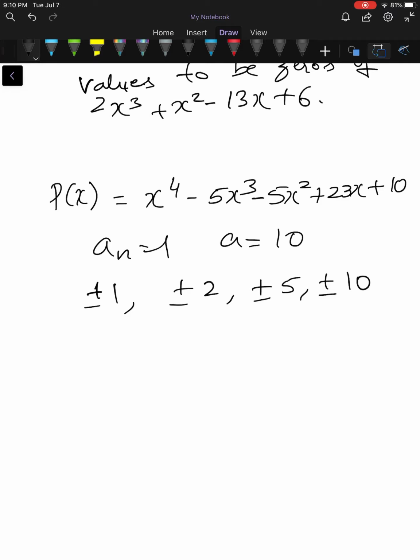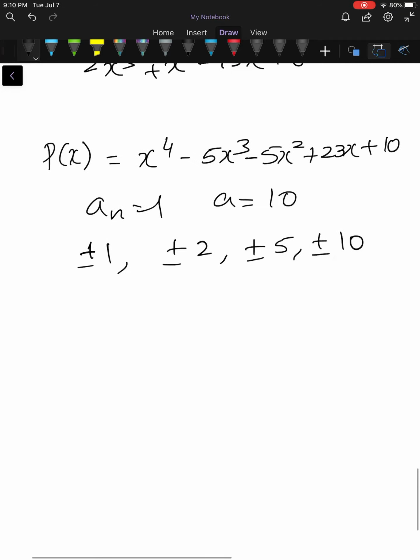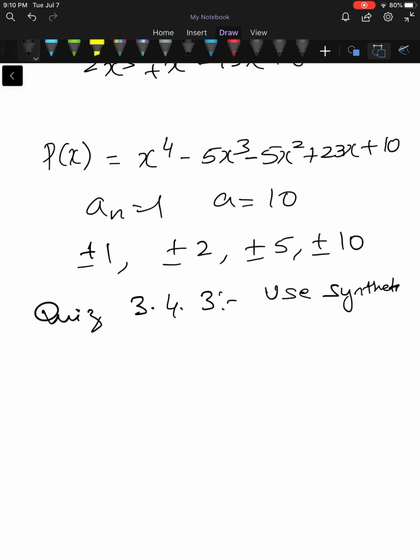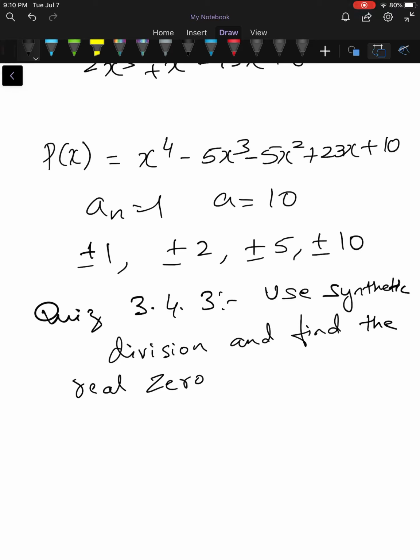Now using synthetic division, I will give you this as a quiz. Quiz 3.4.3, use synthetic division and find the real zeros, or rational zeros to be more specific.